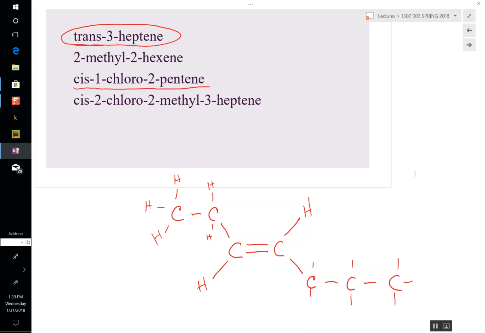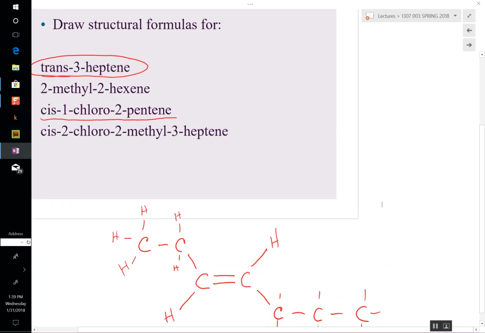Okay. So cis-1-chloro-2-pentene. Put your double bond. The double bond starts on carbon number 2. So carbon number 1 is going to be right there, and there's going to be a chloro on it and a hydrogen. And then it's going to come out this same side of that double bond.